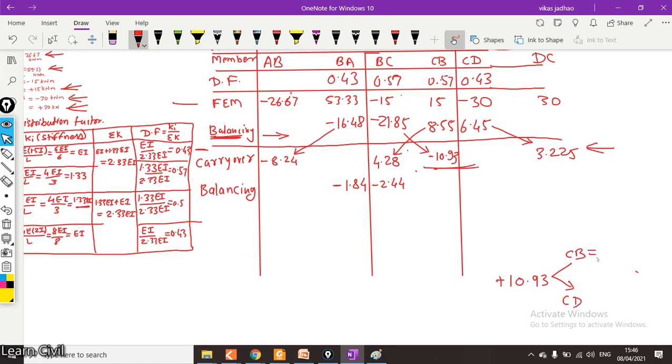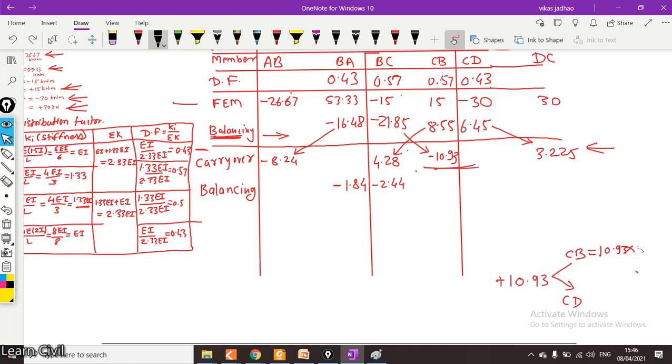Okay, so at CB the value will be 10.93 multiplied by its corresponding distribution factor of 0.57.